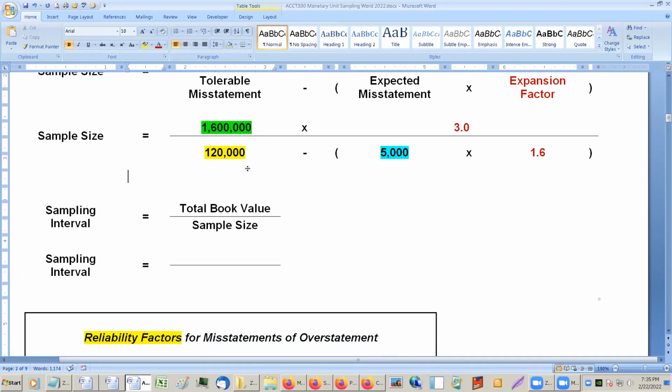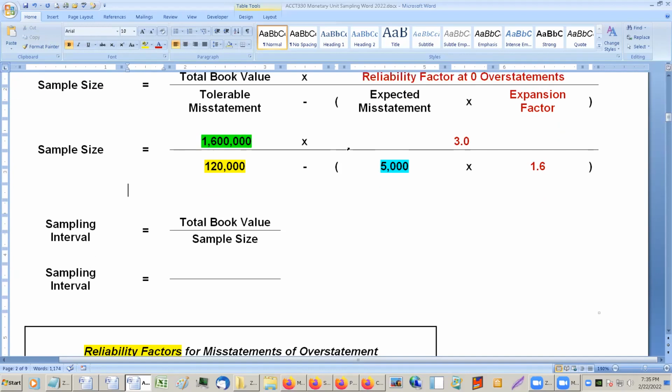And now it's crunching the numbers. And I think I'll do the bottom first.